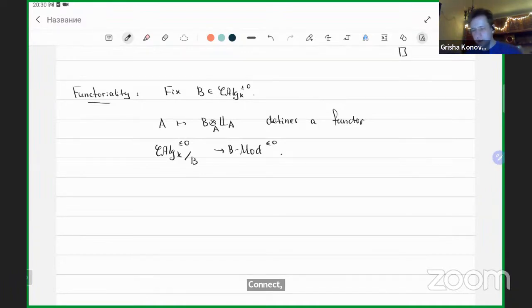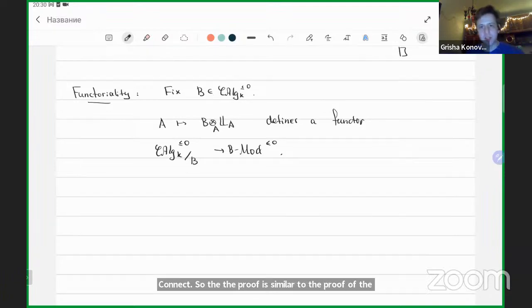The proof is similar to the proof of the second lemma, where we proved a similar statement for free algebras, and I would like to skip that for now.